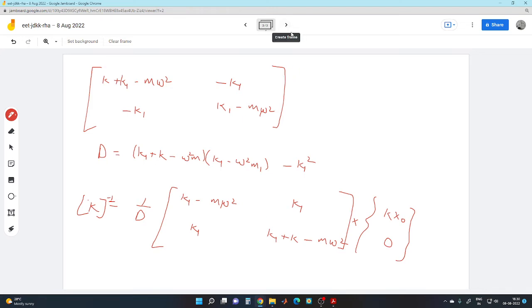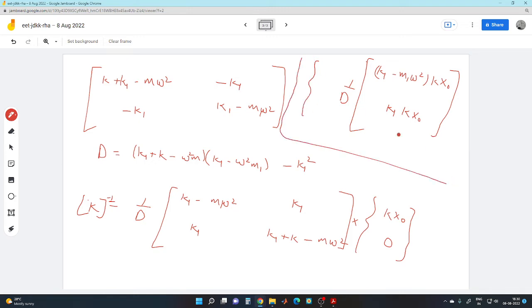So what we get finally is k1 minus m1 omega square into k x naught, and k1 k x naught as the vector, multiplied by 1 by D, equal to Y and Y1.